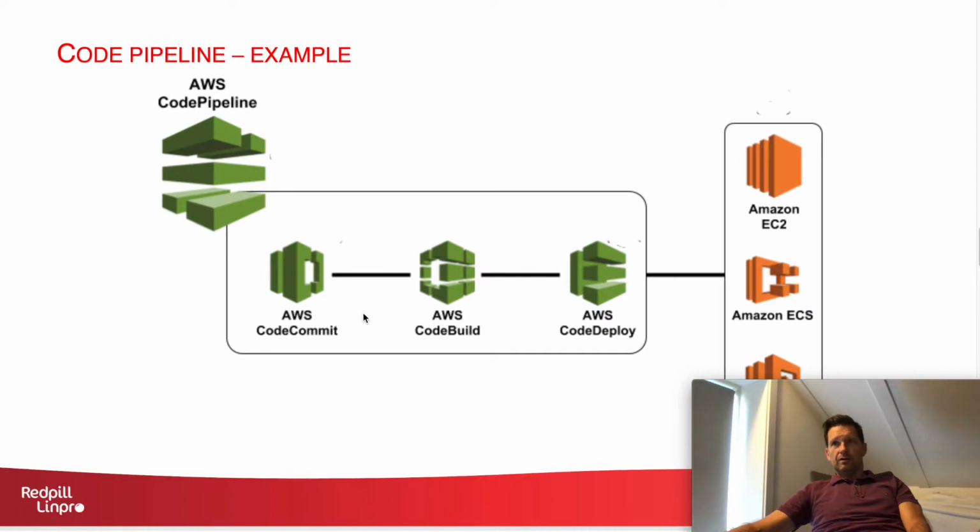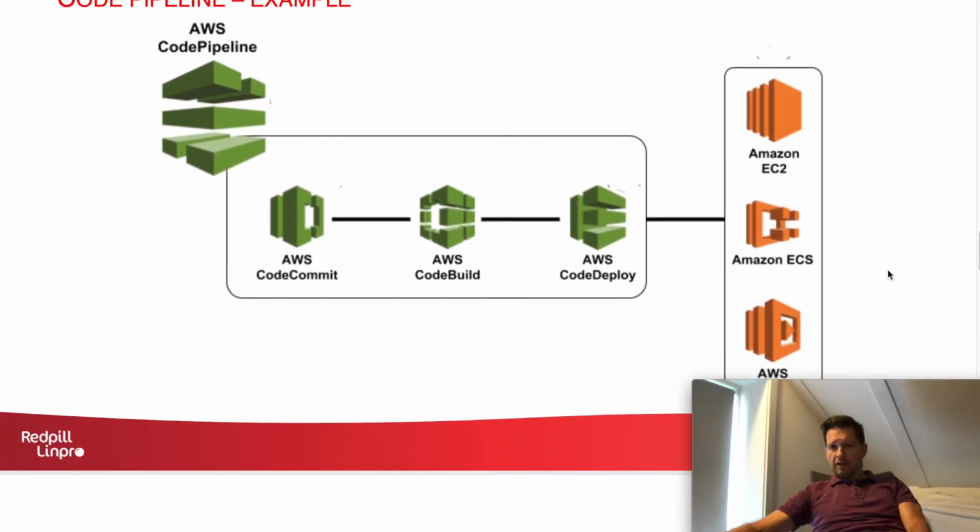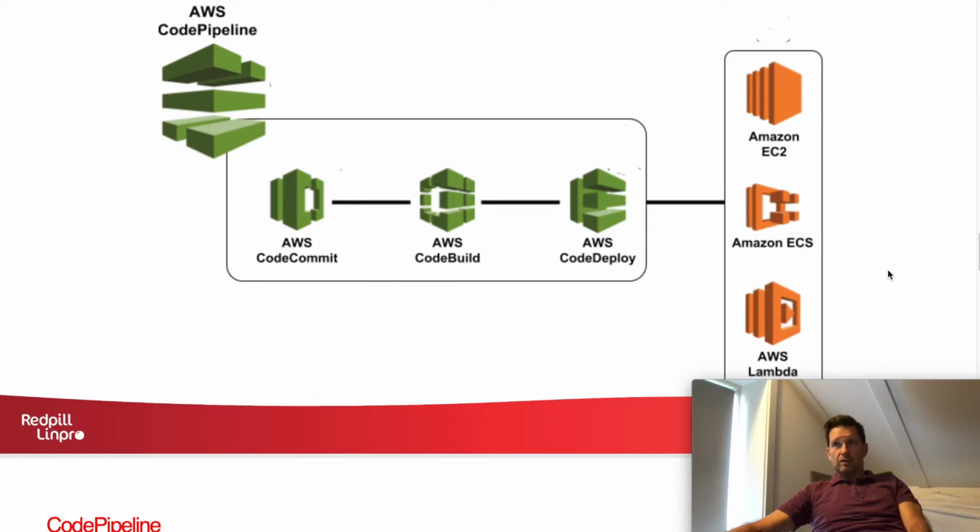CodeBuild builds a new version or container or release. And CodeDeploy deploys to what we have decided to set up our solution on. The examples here are EC2 instances, or a container service, or, slightly hidden behind me, an AWS Lambda function.